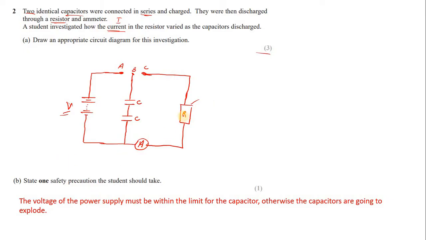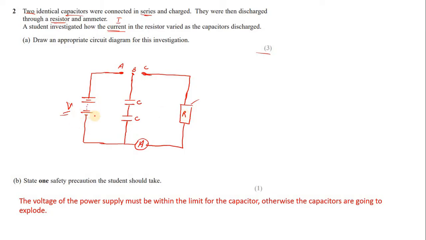If we take a small value of resistor, then the capacitors are going to discharge very quickly. We cannot measure the time for discharge, and we cannot measure the amount of current. So first of all, we select an appropriate high resistance value, so that the time of discharging is increased.